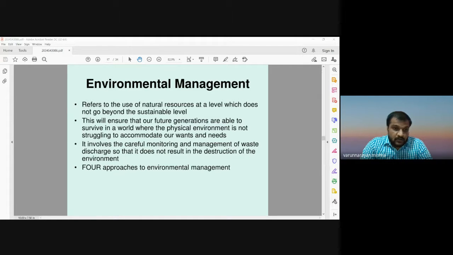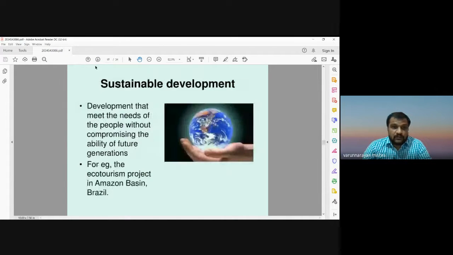Okay, and it also involves careful monitoring and management of waste discharges and different kinds of waste disposal, so that it does not result in the destruction of the environment. Four approaches are very important for environmental management. So I'm going to discuss these four approaches one by one.